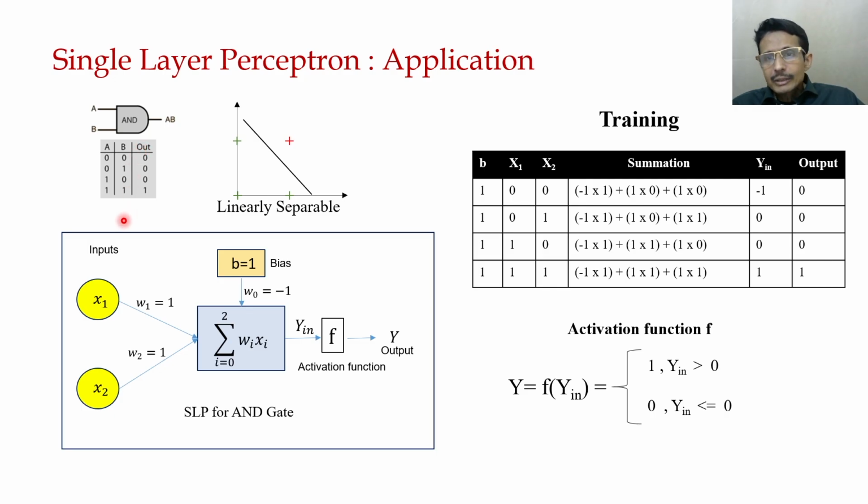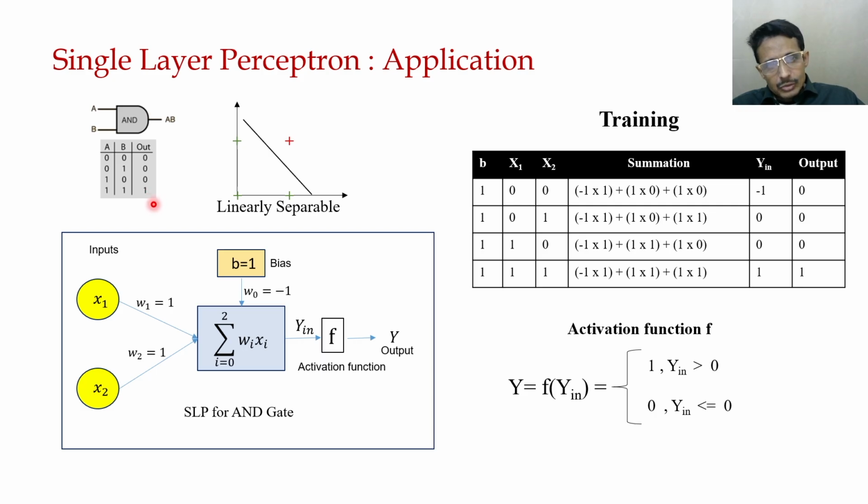What we are going to do here is put W1 as 1, W2 also 1 and W0 as minus 1. Why do we put it? Just by inspection, if we put this, then we can get this formation.